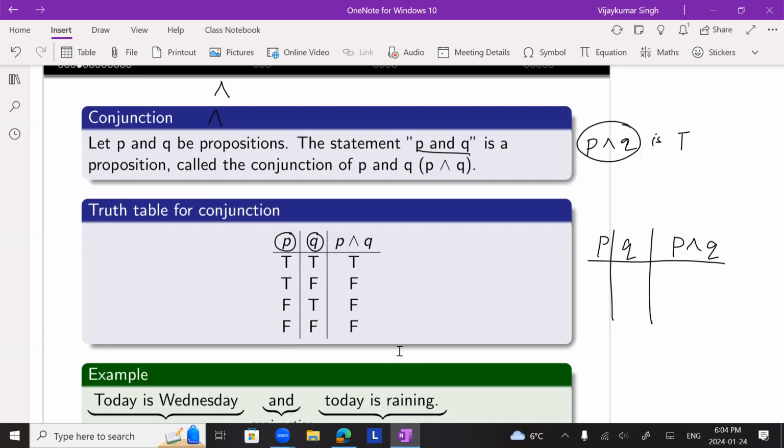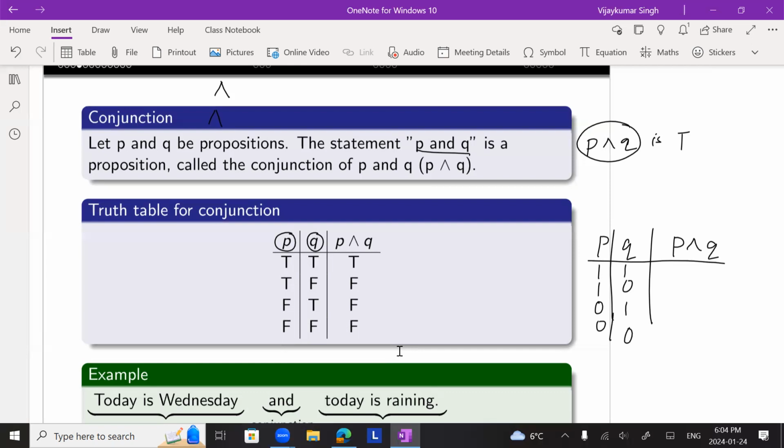Suppose you have two variables like P and Q, then you first take P and write 1, 1, 0, 0. And then for Q you will have 1, 0, 1, 0. So these are all the possibilities, right? If P is true, then Q can be true or false. If P is false, then Q can be true or false. So there are four possibilities in total.